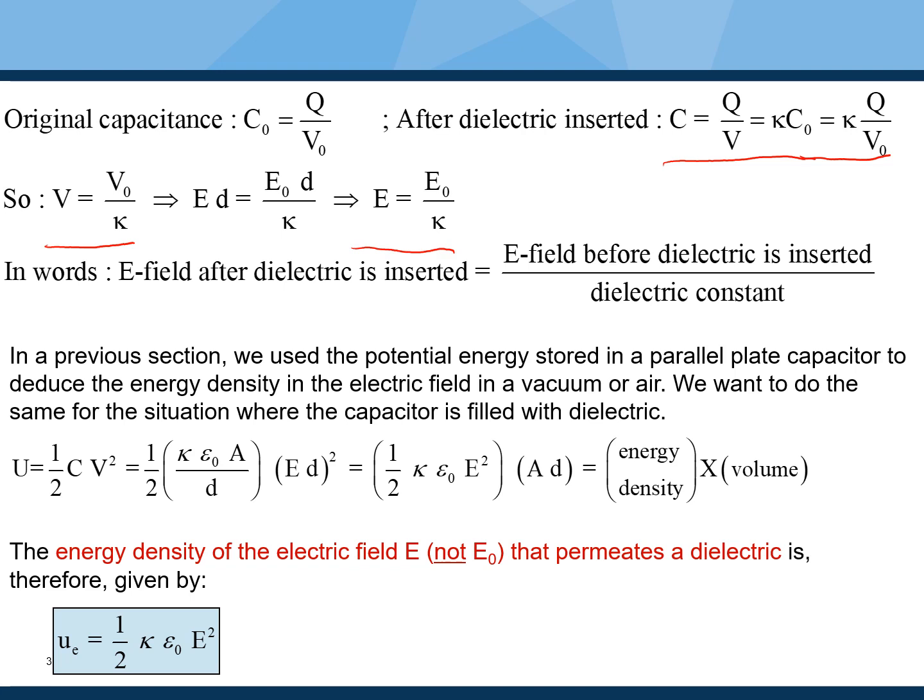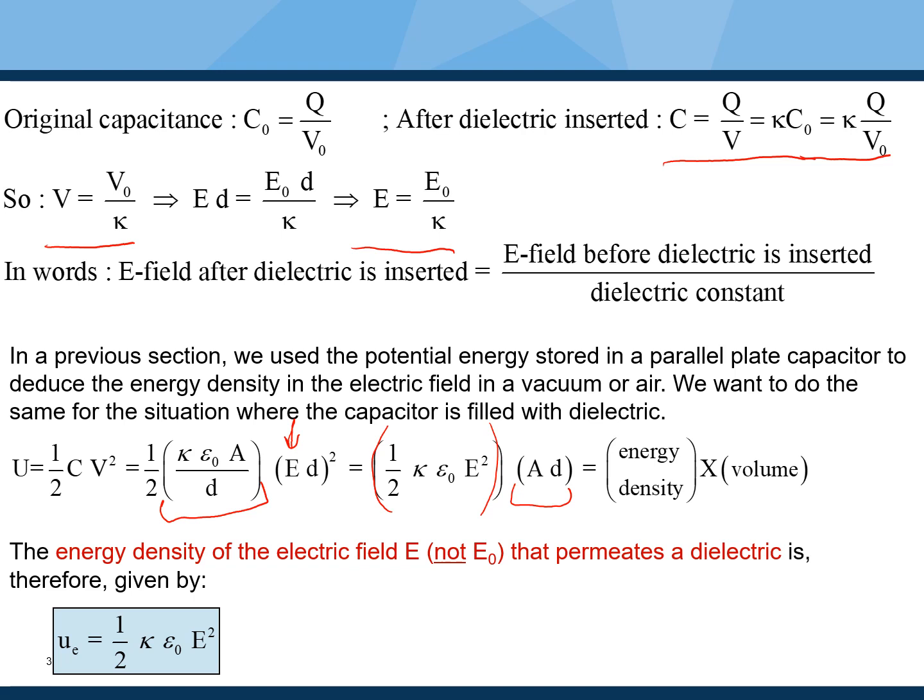Now we can always go ahead and evaluate the potential energy, but now realize that the capacitance has increased. The electric field is the electric field that we have in the newer configuration, and we can therefore write the energy stored in the capacitor as being equal to this factor out here times the area of the capacitor times the distance between the two plates.